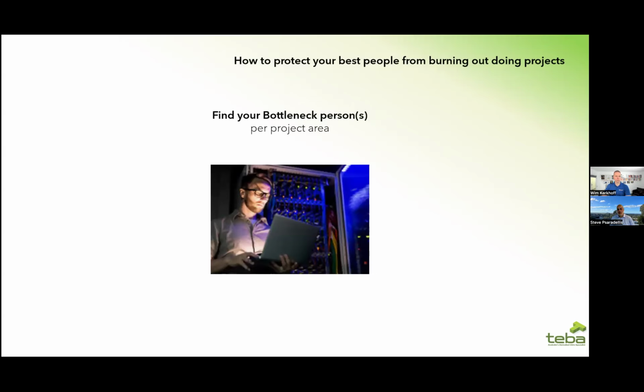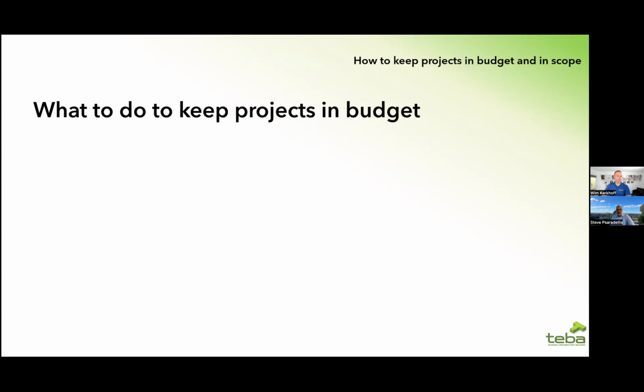Whenever there's a difficult project, we go to them. Whenever there's a question, we go to them. They are pretty easy to identify as to who your bottleneck person or persons are per project area.